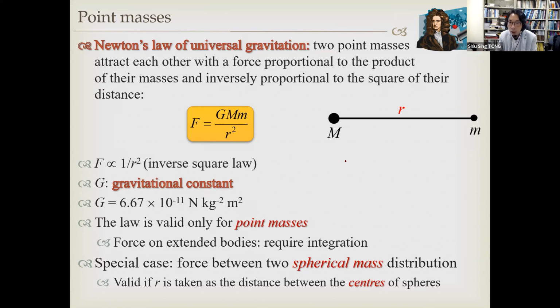Suppose you have two extended bodies like this. Or maybe not so complicated. Let me imagine you have an extended body with a continuous mass distribution, and a point mass here. This point mass is small m.